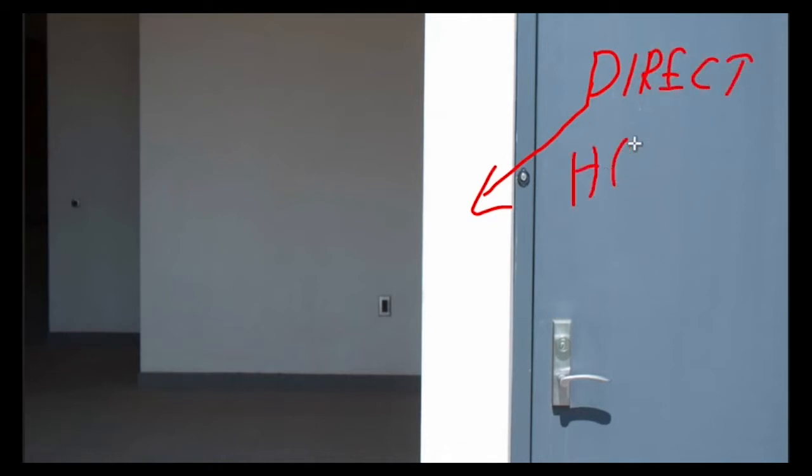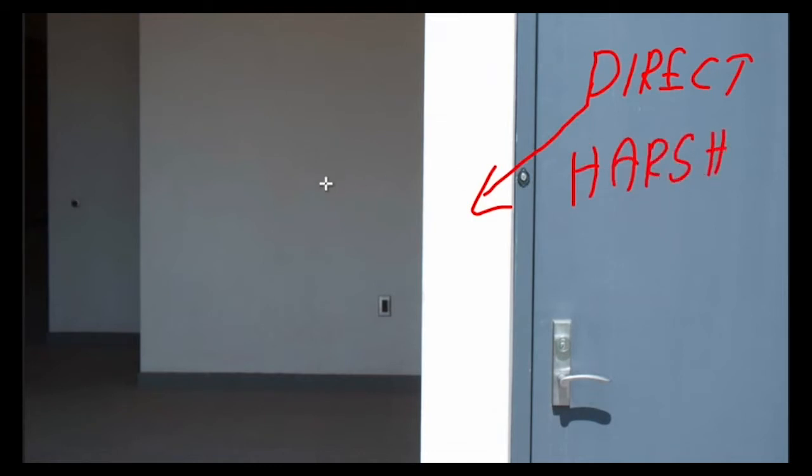This wall over here has exactly the same texture as this wall over here. And in this picture, really the only difference that you see is that this wall over here is brighter. This is direct light. This is the harsh light that I'm talking about.